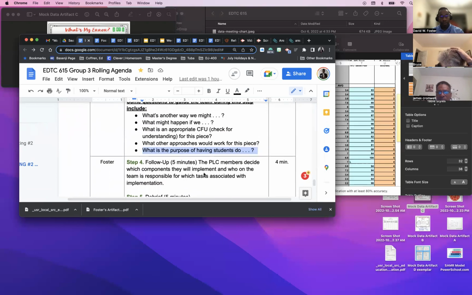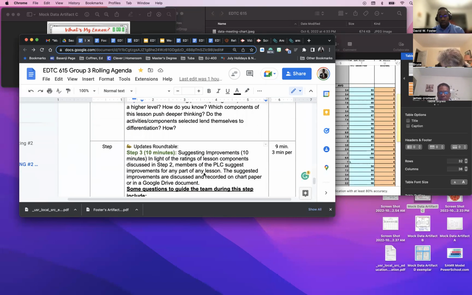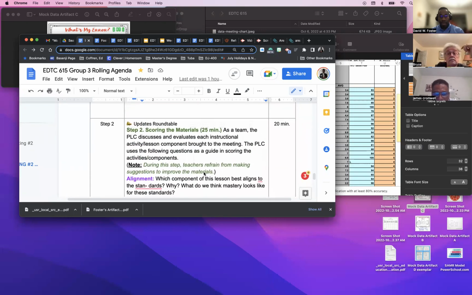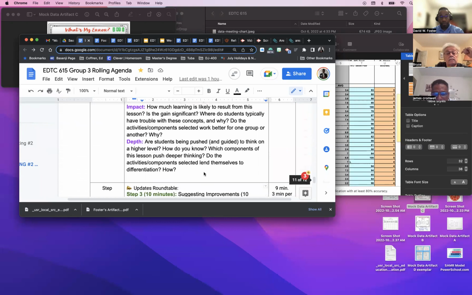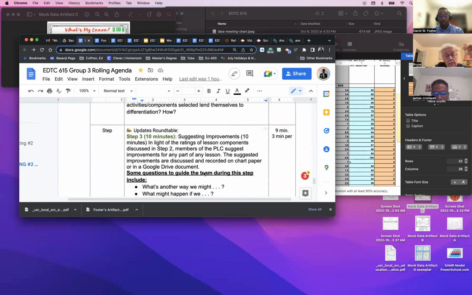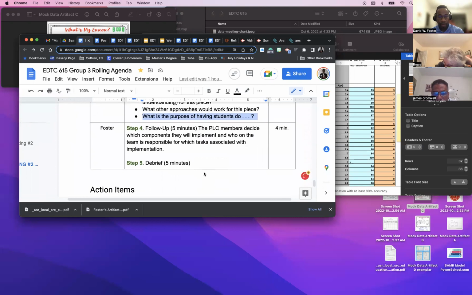We talked about their scores. We then went back and looked at how we could improve the artifacts, and we also suggested components to implement moving forward.